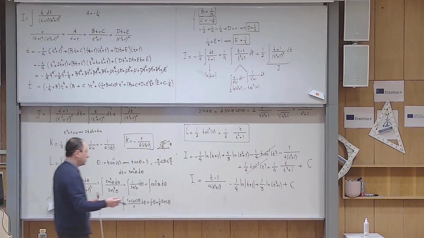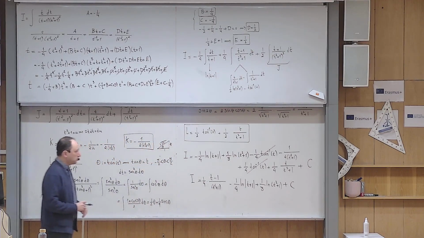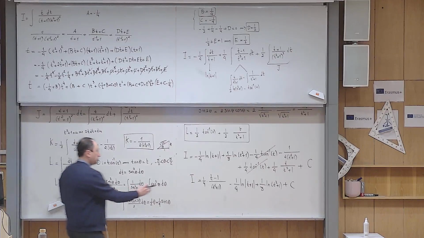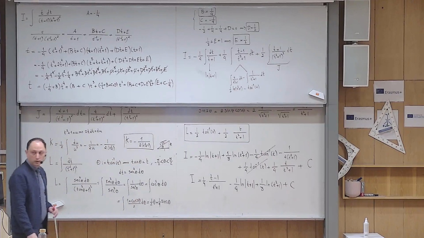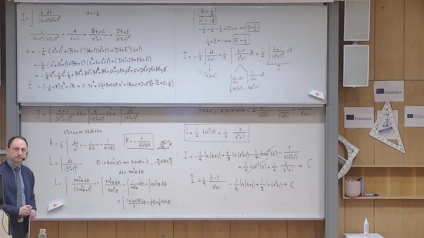Yes, of course, in the answer that I provided, I put 1 over 4 outside here. But that's the same story. So 1 over 4 times t minus 1 over t squared plus 1. And I don't need a pair of brackets anymore here. Yes? And then minus 1 over 4 ln of t plus 1. Yes, everything is in order.